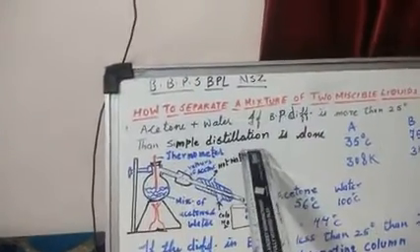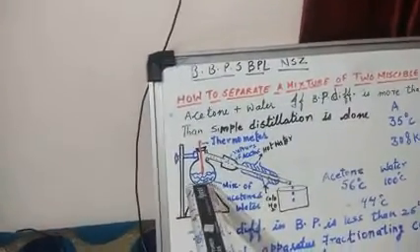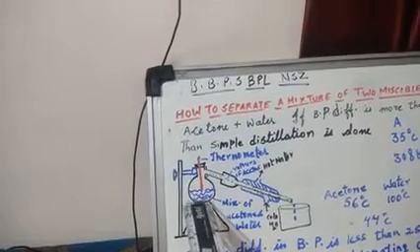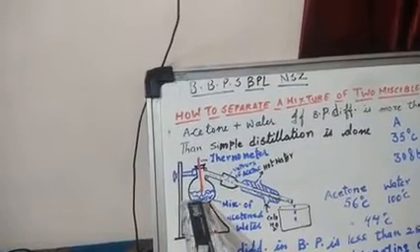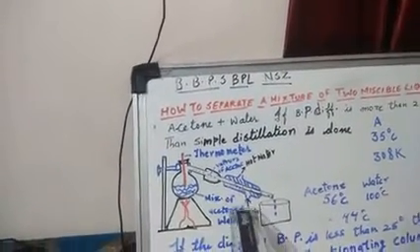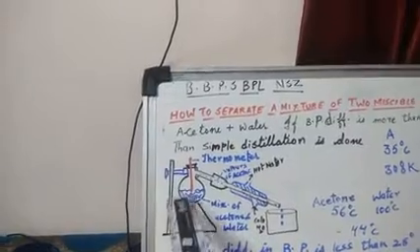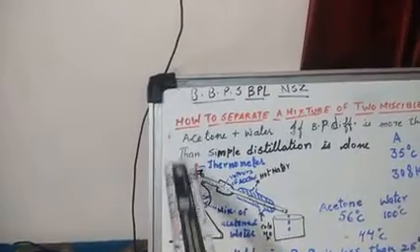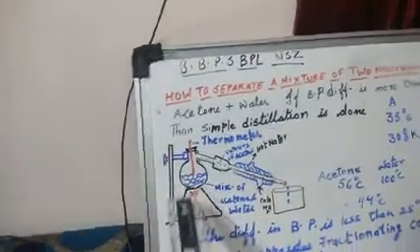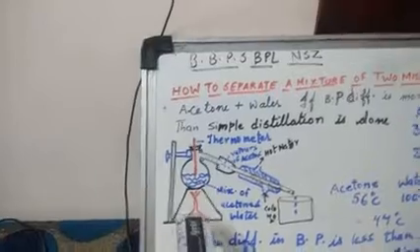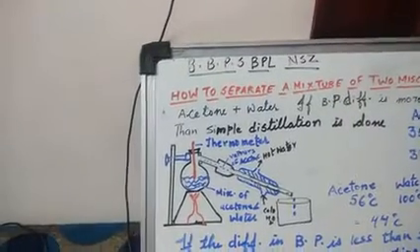Simple distillation. So here in this boiling retort, R-E-T-O-R-T, retort, the mixture of acetone and water is taken with a thermometer fitted into it so that we are able to observe or measure the temperature.